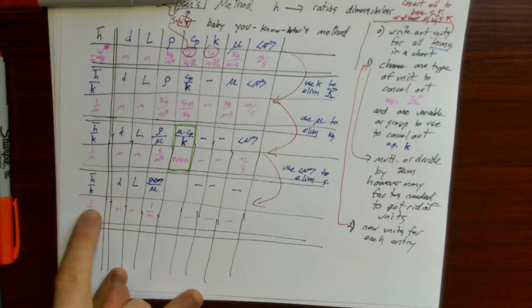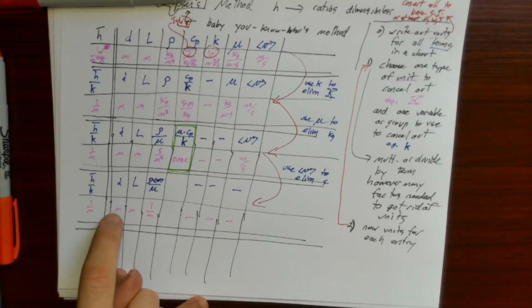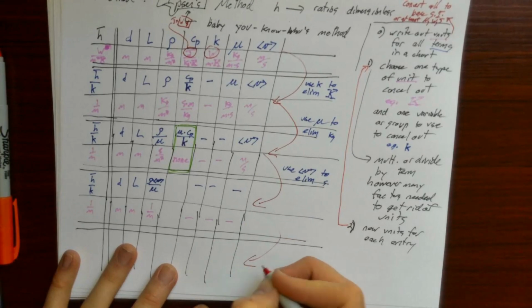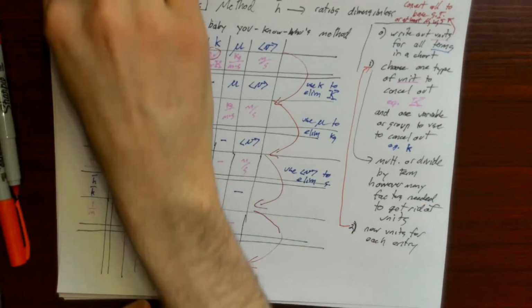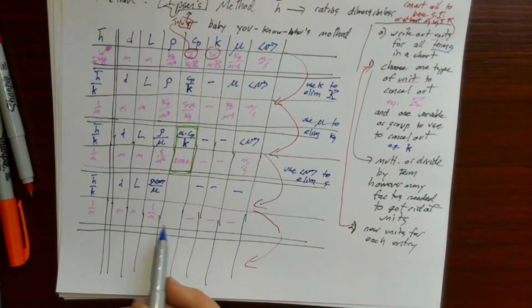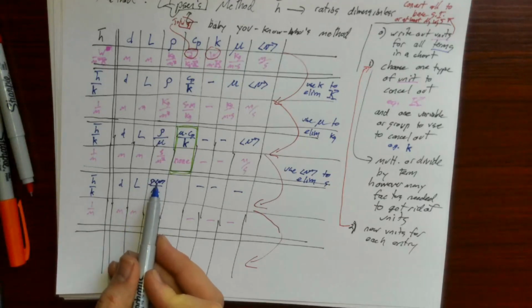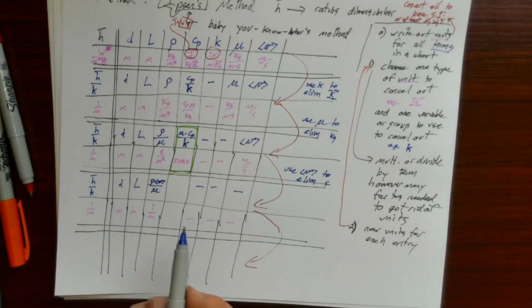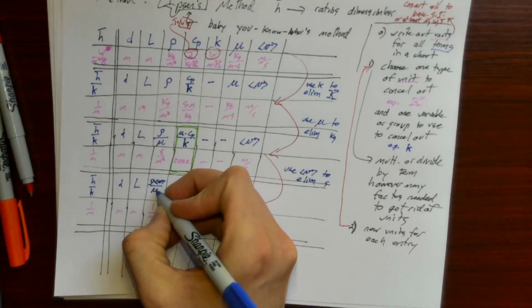It turns out the only units I have left are in terms of meters. I could technically choose any of these: D, L, or rho v over mu, to cancel out meters.